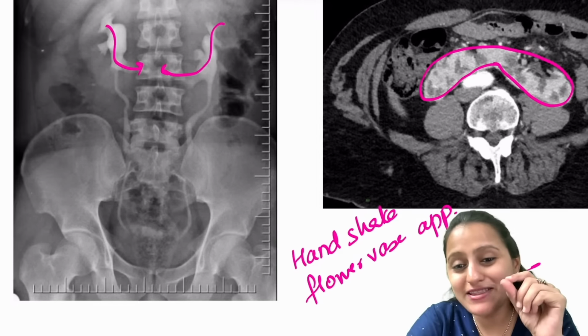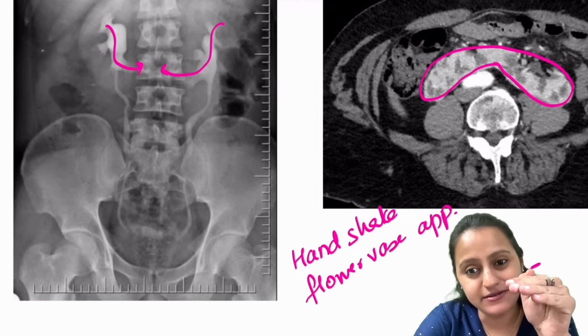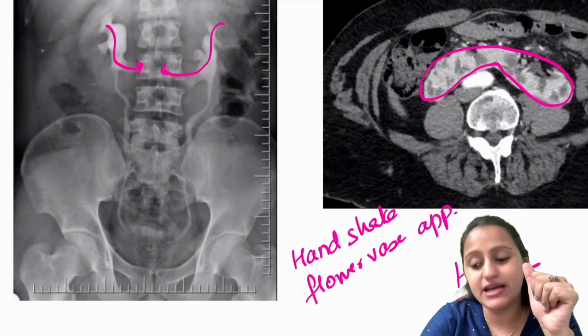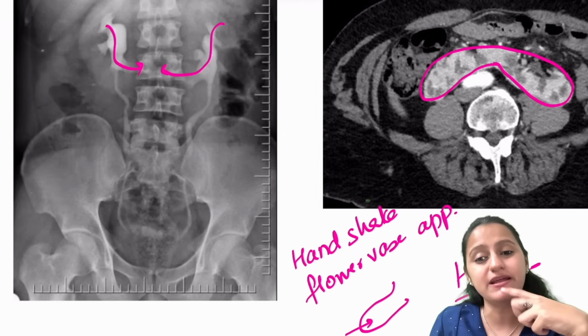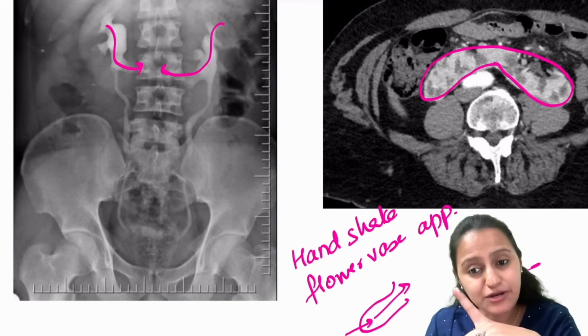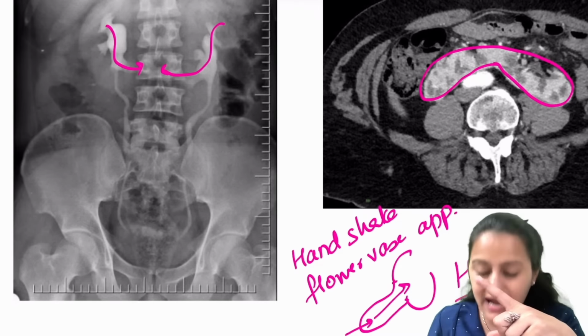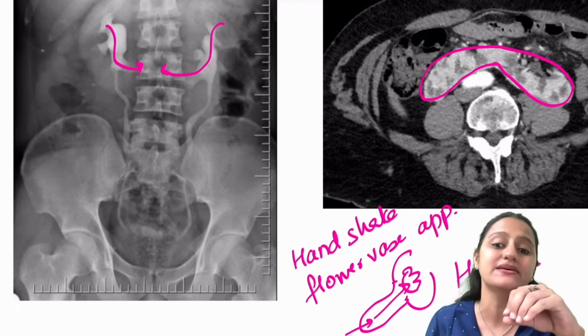In RGU, you put the dye through the urethra into the bladder. RGU is retrograde urethrogram. You will just cannulate the urethral opening with the syringe containing contrast, and the dye will go into the urethra and some dye will go into the bladder. So you will see some contrast in the bladder in RGU.